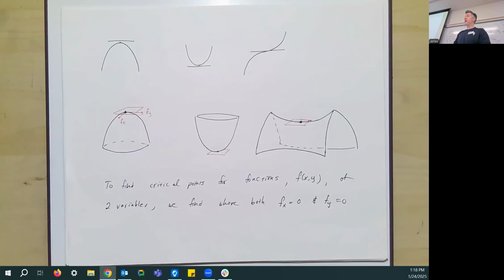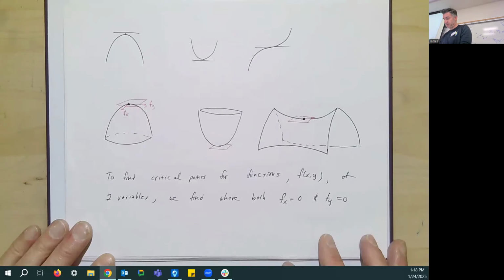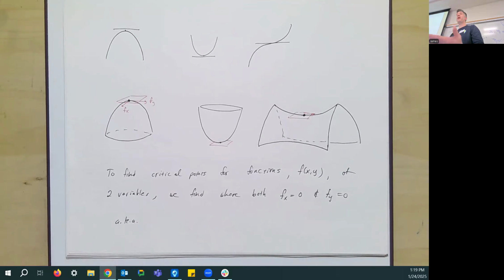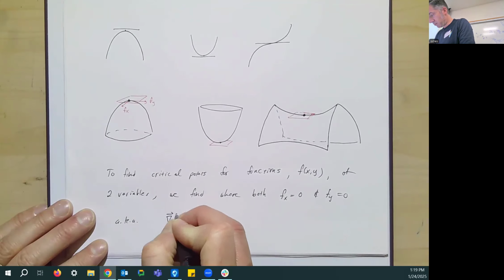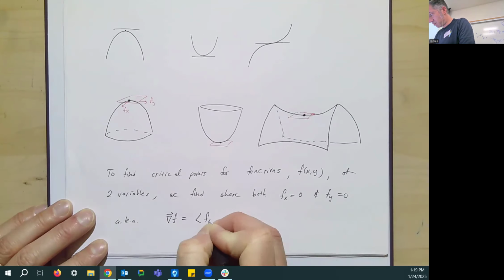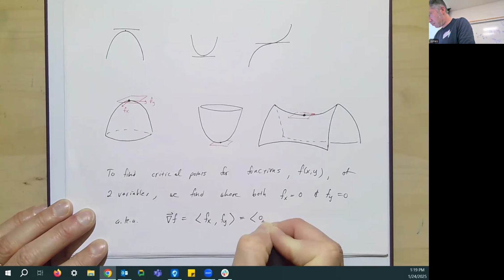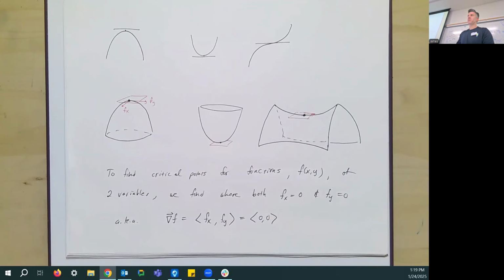Or another way of saying that would be saying that the gradient was equal to 0. So you might hear your instructor talk about finding where the gradient's 0. That's kind of a fancier way of saying it, but it's still true.